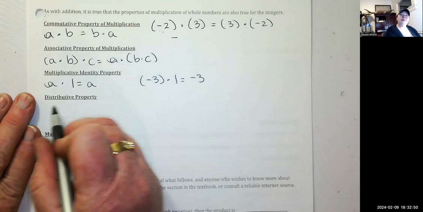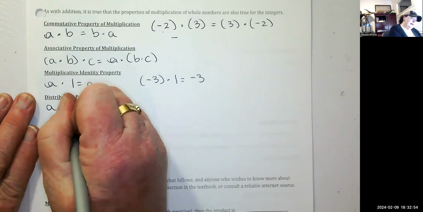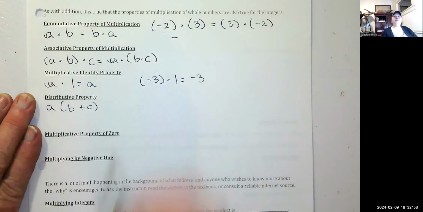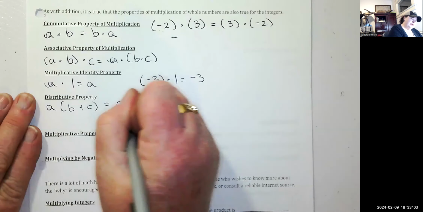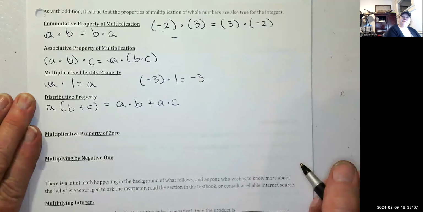Okay. Distributive property. This is something really neat. If you have a parentheses b plus c, that is equal to a times b plus a times c.